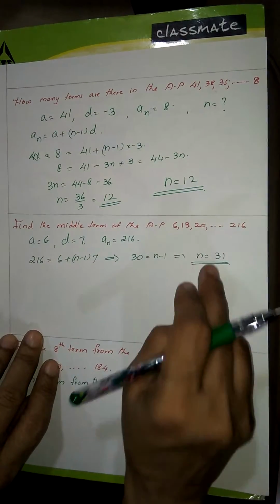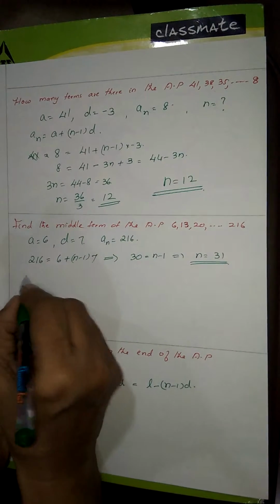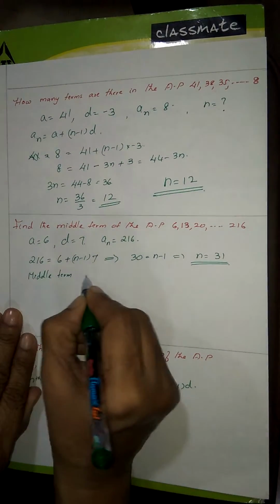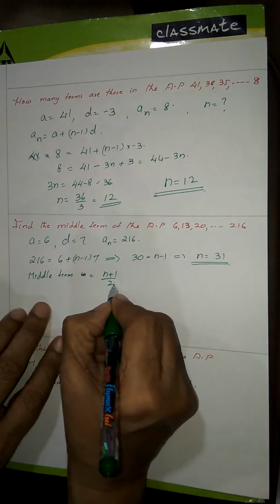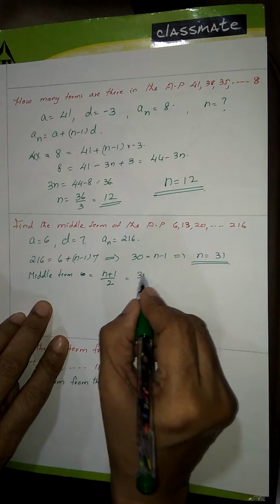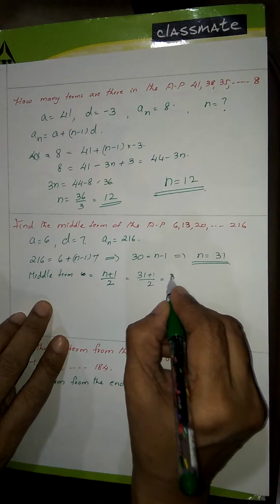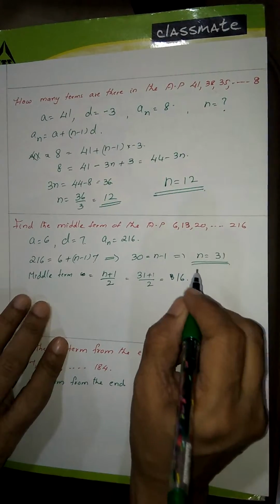Now this is an odd number. So the middle term will be n plus 1 by 2. So here it is 31 plus 1 by 2, which is 32 by 2, is 16. So the 16th term will be the middle term.